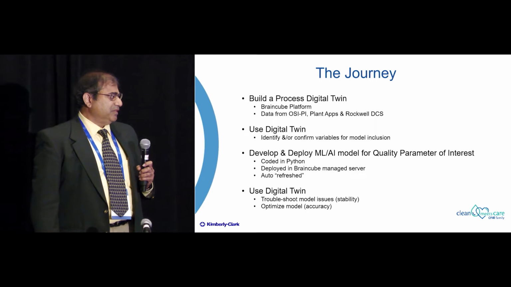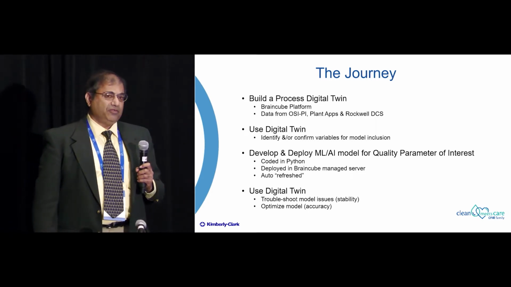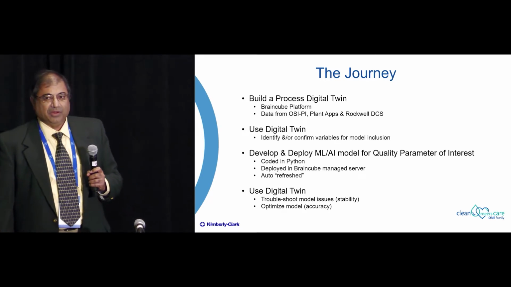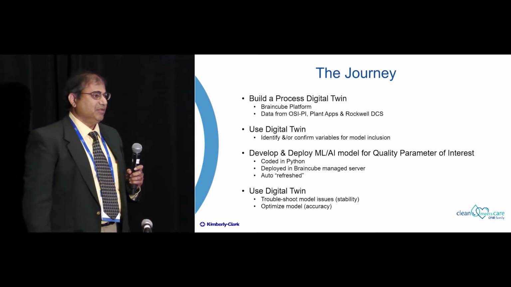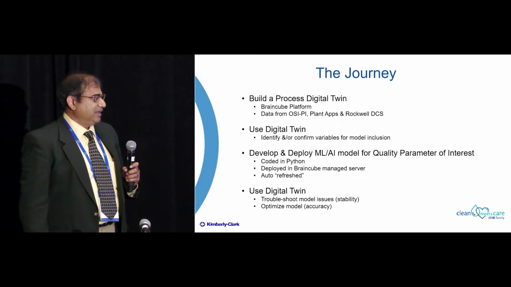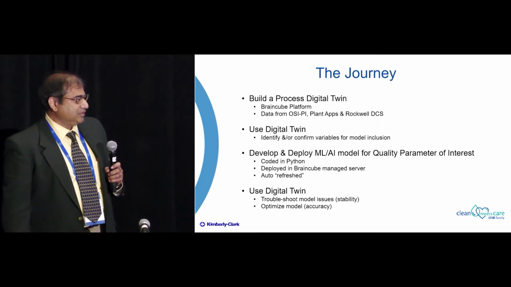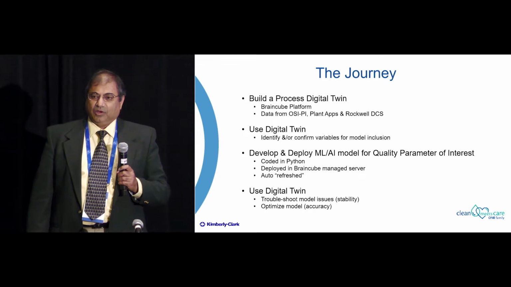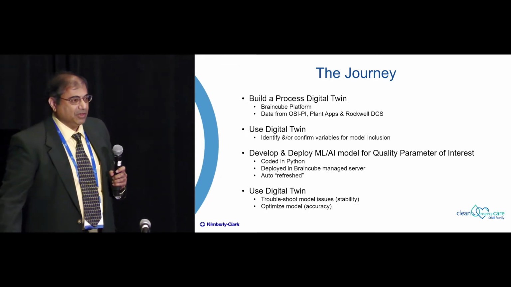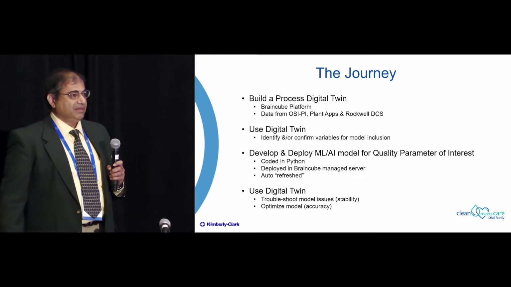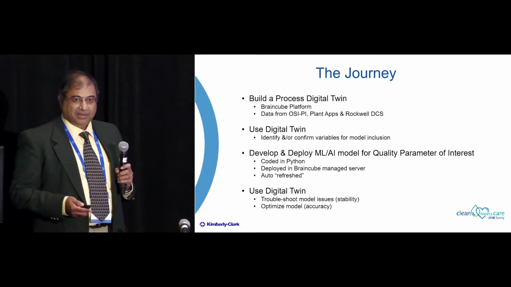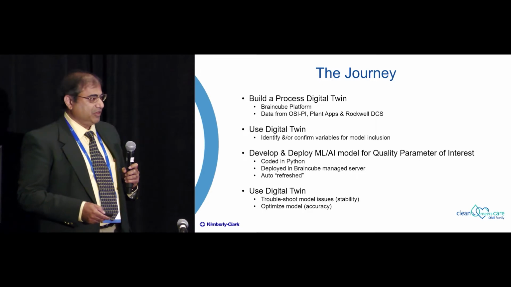We used the twin to test the model for stability and to help troubleshoot when we found that the model was unstable under certain conditions. And then we also used it to optimize the accuracy of the prediction. So hopefully you get an idea of how we used the digital twin technology and capability to deploy a machine learning model for our process optimization.